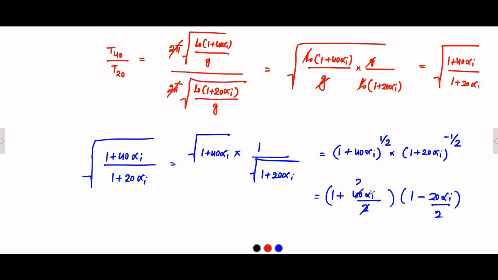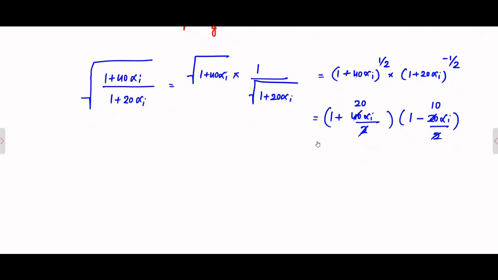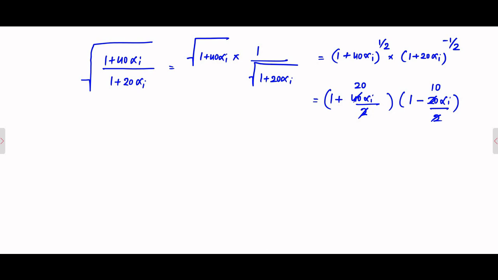Here it is 20, here it is 10. Now if we simplify, we can write it as 1 plus 20 alpha l into 1 minus 10 alpha l.